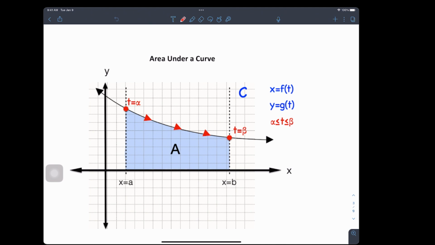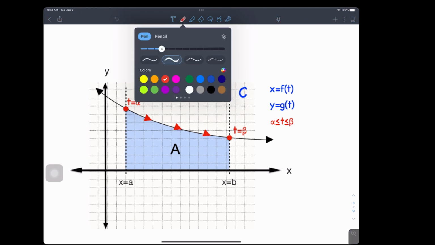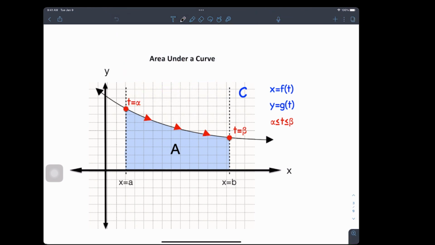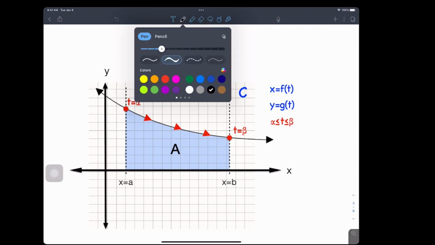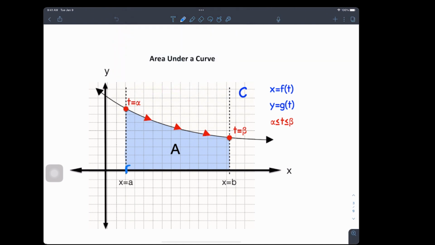And I'm going to share with you guys here some more calculus, meaning what do you do when, excuse me, we're talking about area under a curve. Now, remember, this is over an interval AB.